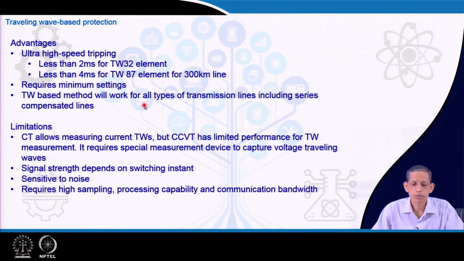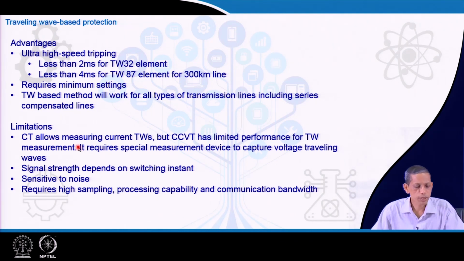Therefore, the series compensation part is seen as a shorted path, so there is no reflection or refraction from there. The travelling wave based approach we discussed, the differential and directional principle, will not be affected by the presence of series compensation, even at the middle of the line.